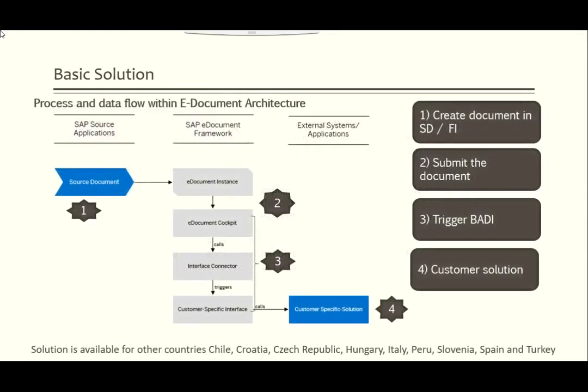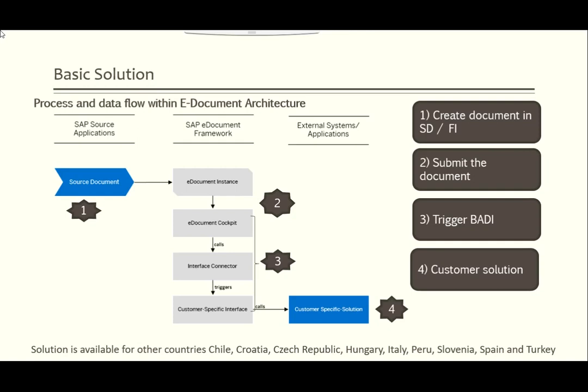This is the data flow of the basic solution. On the left hand column we have the source application, that is our ERP, where we are creating the financial document or the billing document. The second column is the e-document framework, which we have to install, configure, and use for the generation or extraction of the data for the e-document solution.